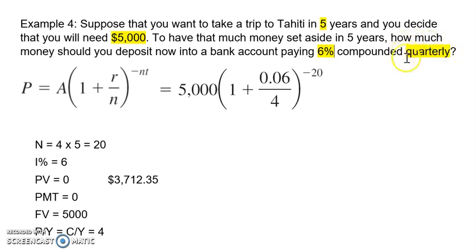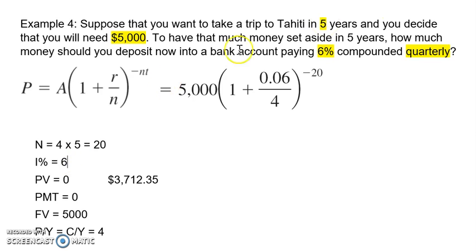Because my compounding is quarterly, a 4 needs to go in as a factor, one of the numbers that gets multiplied for my n, and it also goes into the PYCY. Going back up to the n, I multiplied my quarterly compoundments, 4 times a year, by the 5 years that my money will be sitting in the bank to find that there are a total of 20 compounding periods.